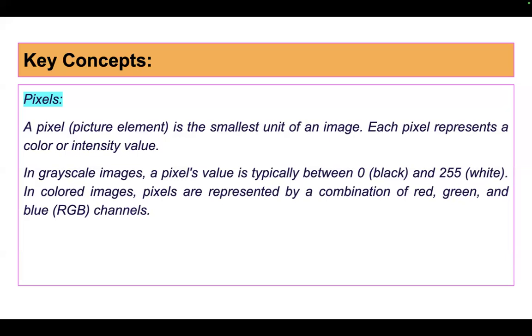Now grayscale image, where we are taking more ranges, not just 2 values. We can consider, suppose for an 8-bit, from 0 to 255. 0 is black, then 1, slightly lighter, 2, like that. You don't consider this as black and white.